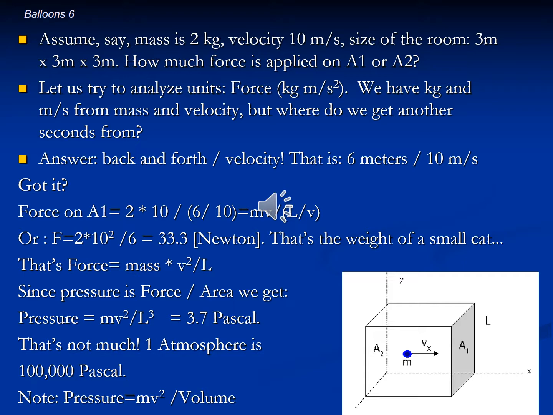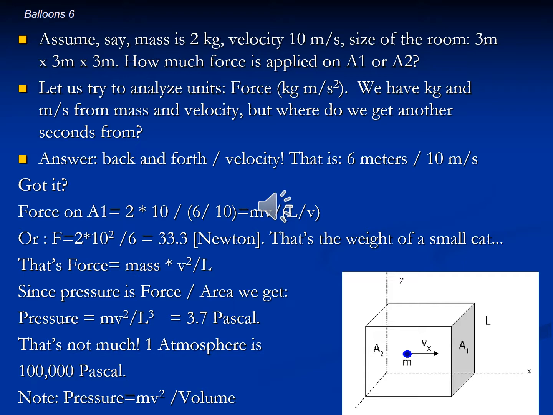I know this looks a little scary, but the main idea here is for you to see orders of magnitude. Here is that ball bouncing back and forth from the wall. And when you look at the numbers, you'll find out that with this ball at this speed, crossing the 3x3x3 room, the force on the wall would be 33 Newton.